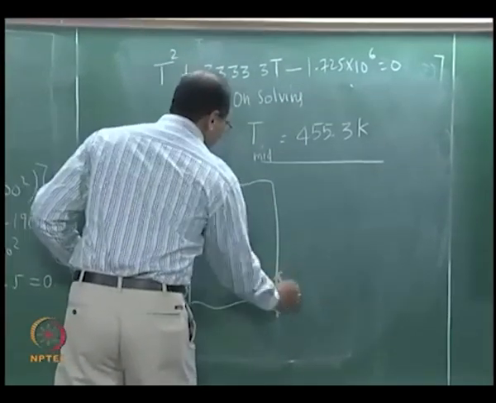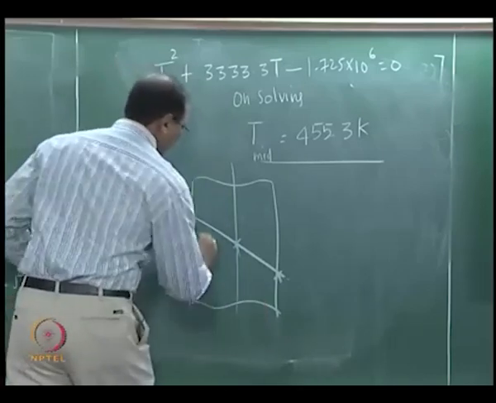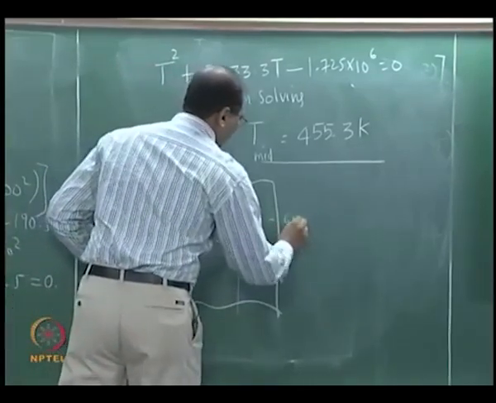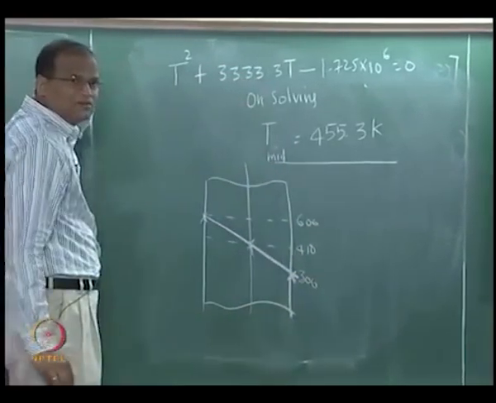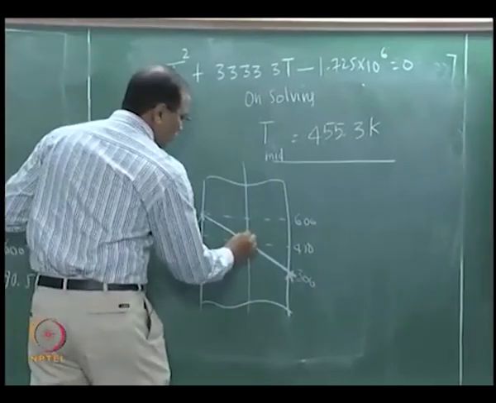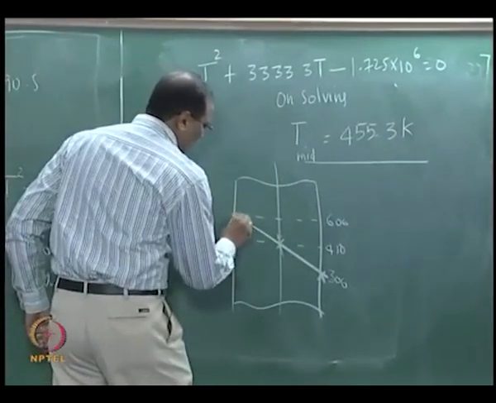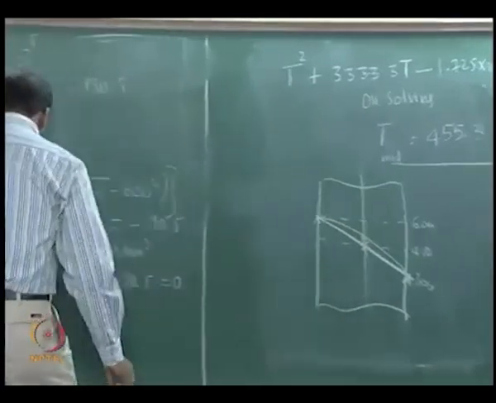this is 600, this is 300. Okay, 450, 600, 300. What did we get at the center now? Slightly more than this. Okay, so a linear model for thermal conductivity gives rise to the yellow line.